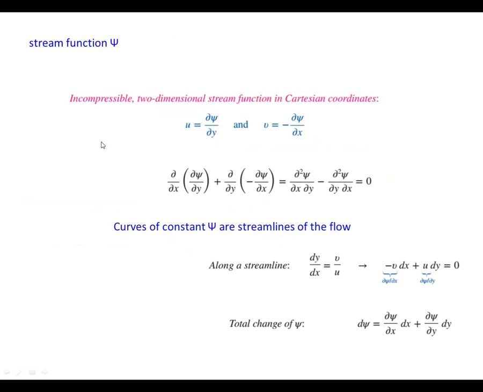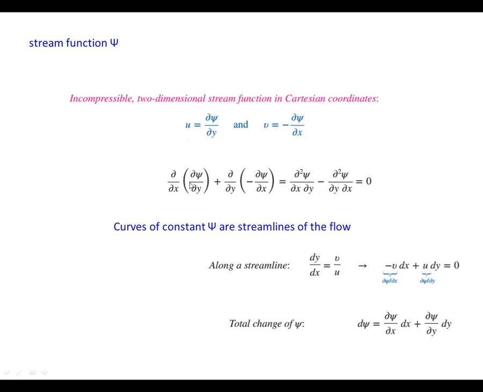Then a stream function is used for representing velocity in the x and y directions in a different manner. For an incompressible two-dimensional flow in Cartesian coordinates, u equals dou psi by dou y, where psi is the stream function, and v equals minus dou psi by dou x.